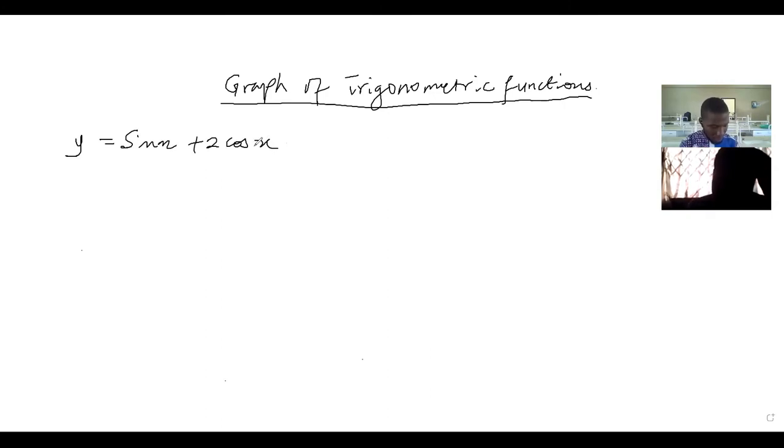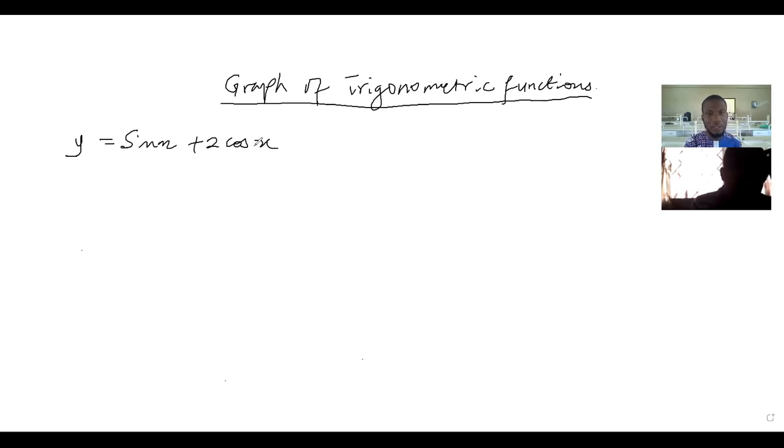Okay. So using a scale of 20 degrees on the x-axis and 1 unit on the y-axis, draw the graph of y equal to sine x plus 2 cos x. You have that, right? Yes, sir.